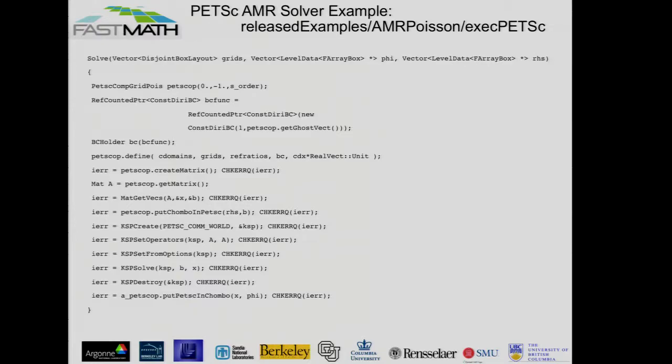That's probably as much as I'm going to go into on this part. This is a little bit of what it looks like to use this code in a simple way. You create a matrix, and then you create a PETSc solver.